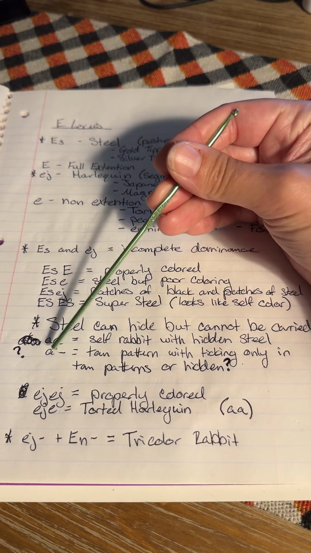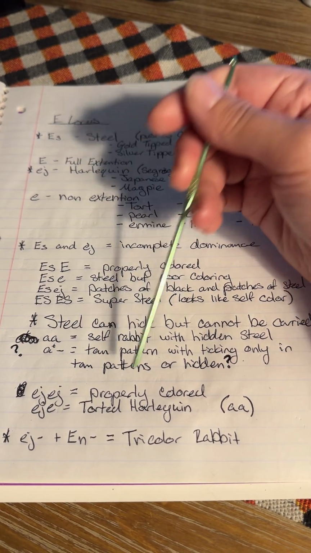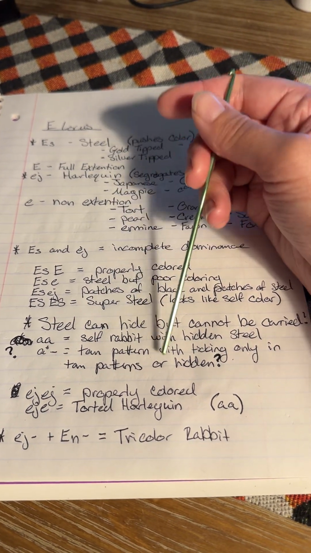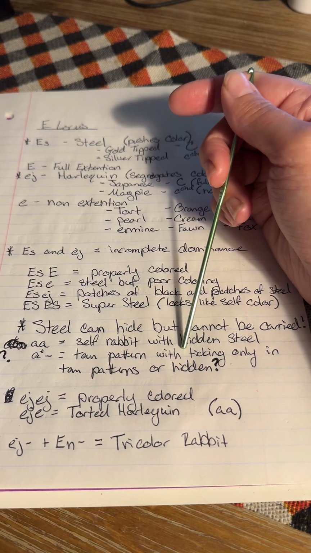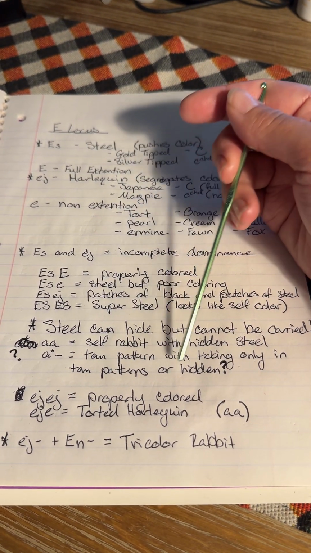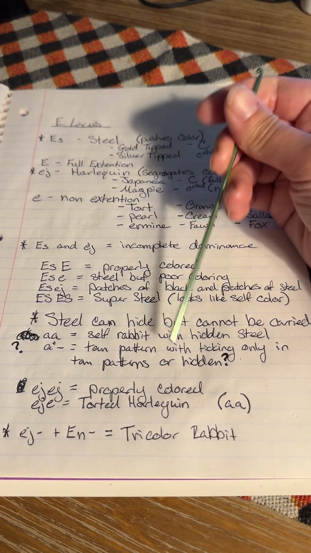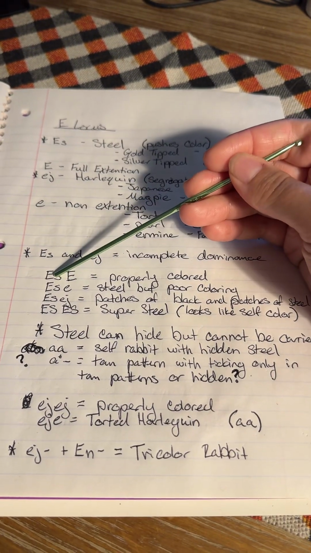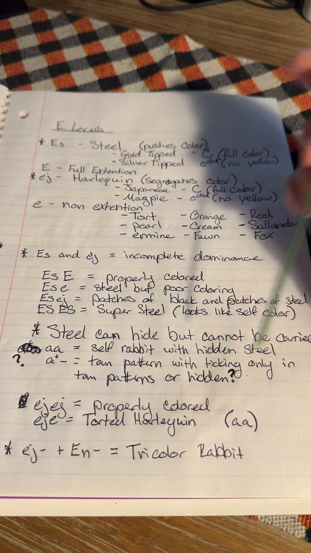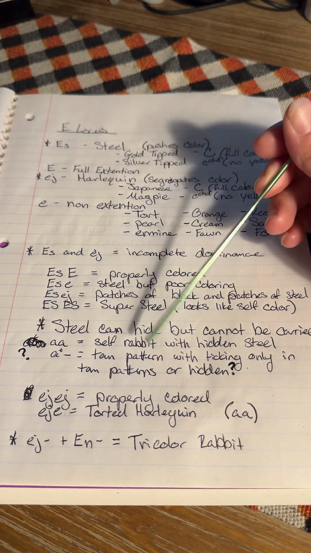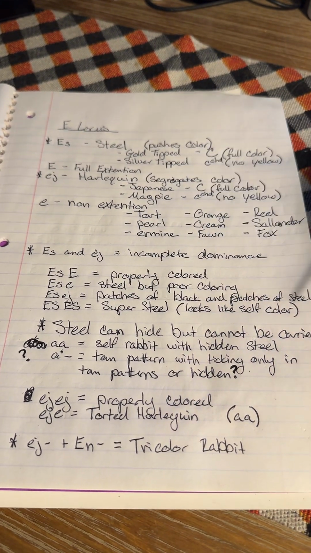Any rabbit that is tan, now I've heard conflicting things about this, but any rabbit with a tan pattern, the two things that I've heard is that a tan will have very slight ticking, only in areas of the tan pattern, so around the eyes and things like that, or it will be completely hidden. So there are 3 different ways that steel can hide in your lines. And this is one of the reasons that you want to be careful when you are breeding steel into anything.